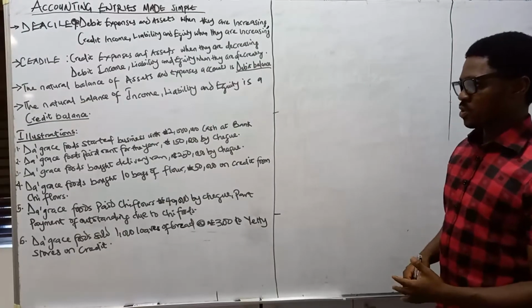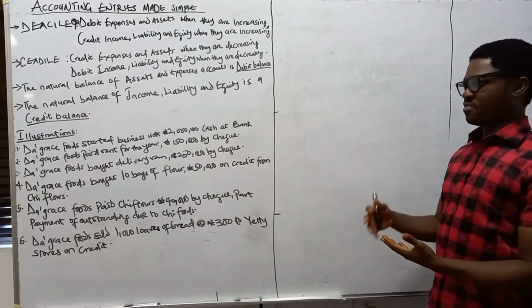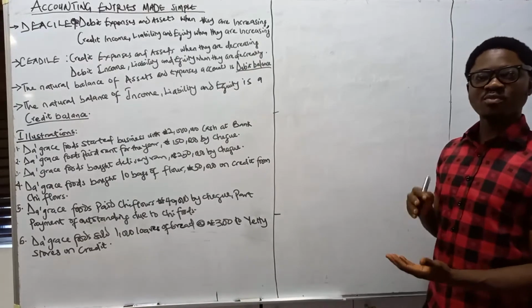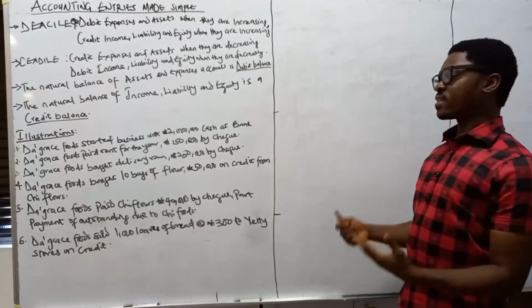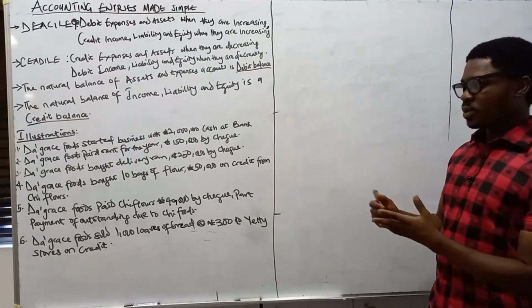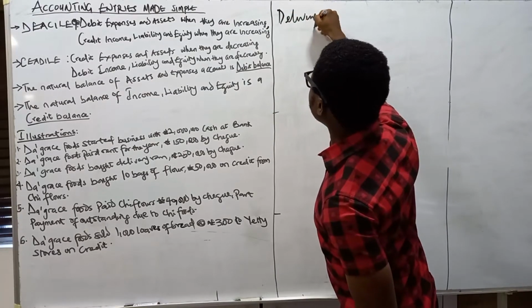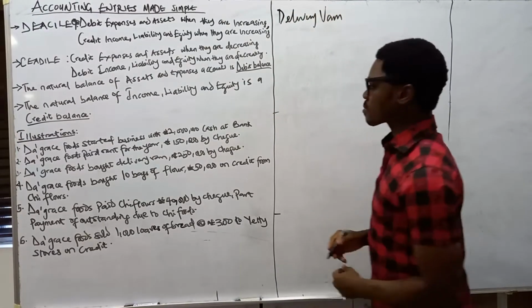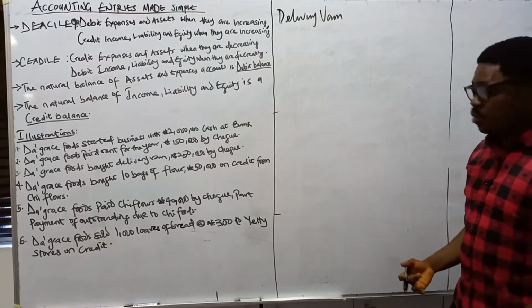Going to the third question, the Graceman bought a delivery van for 250,000 naira per check. Bought delivery van. The first account to take note of is delivery van. Another account to take note of, by check, bank will be affected.